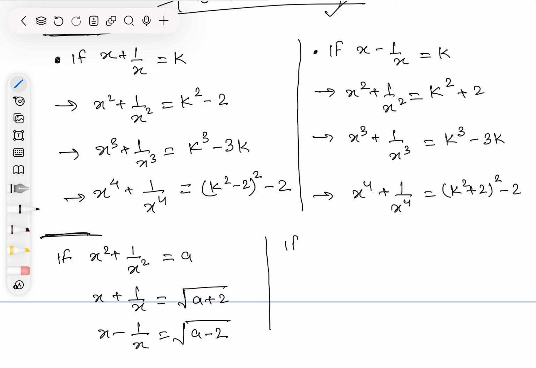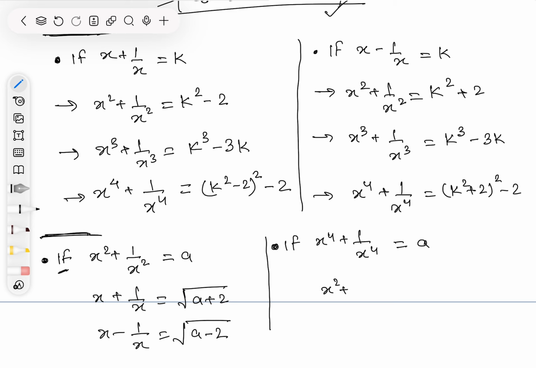Similarly, if x to the power 4 plus 1 by x to the power 4, remember the condition always, if this is given as a, in that case let's take it as a only.